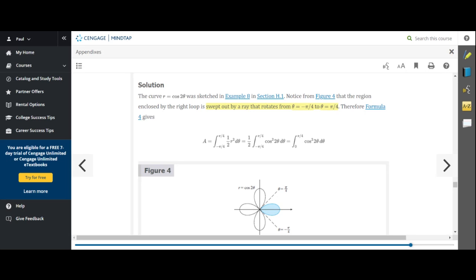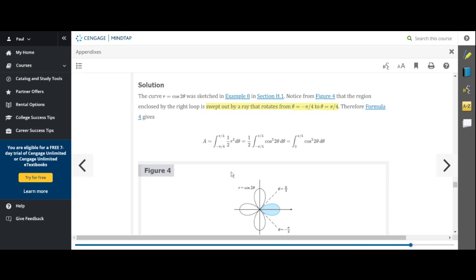When theta equals pi over 4, based on the picture, what's r equal to for that angle? That's right, Colomb, it equals 0. So it makes sense that your ending angle would be pi over 4. Are there any questions on that? You have to let me know if you're uncomfortable.